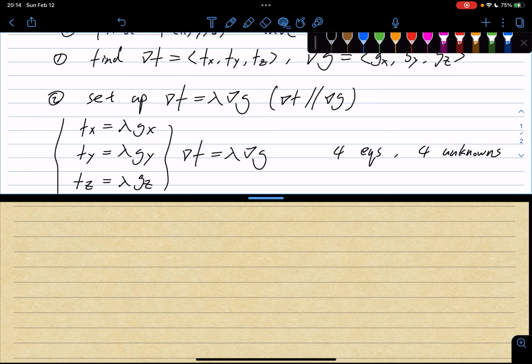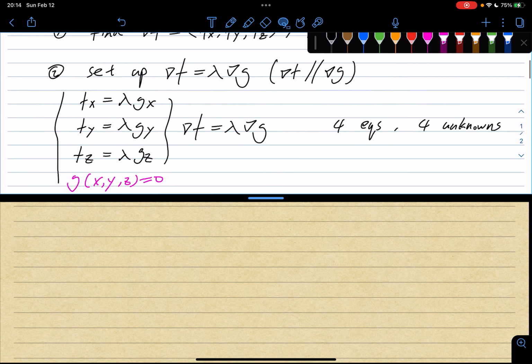So that's unsolvable, or has infinitely many solutions. So we don't like that. We want to pinpoint our answers for the extrema locations. So we're going to need one more equation to make this system of equations have unique answers. So the first constraint that we're going to utilize is the constraint function itself, right?